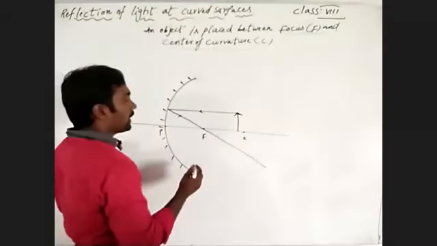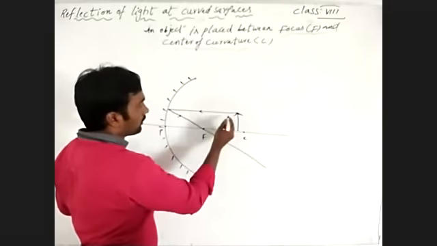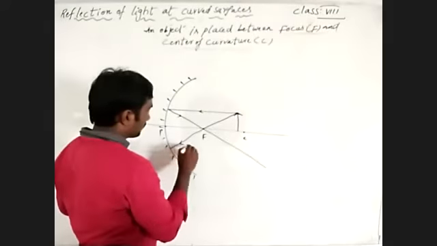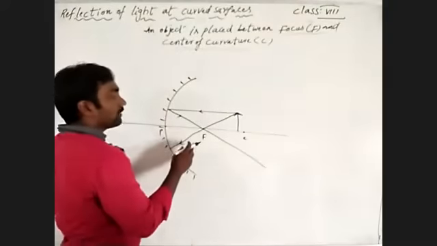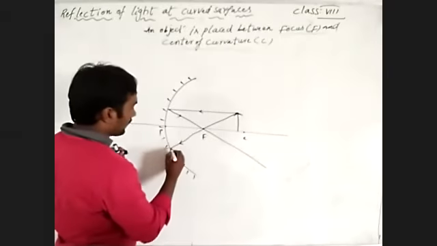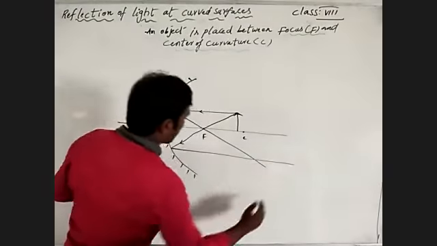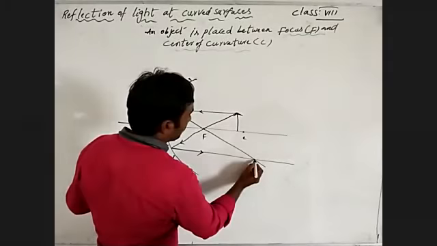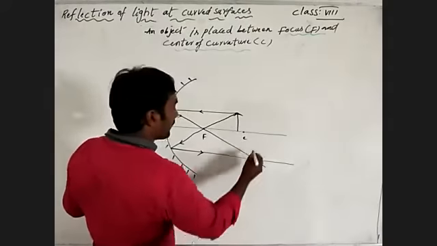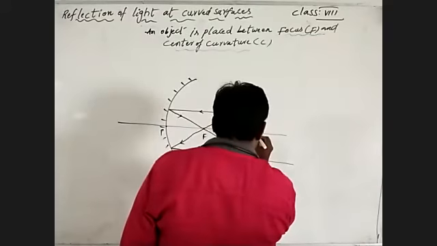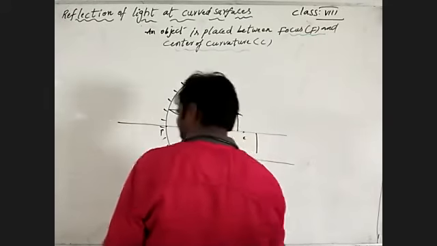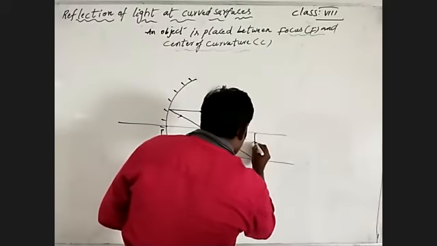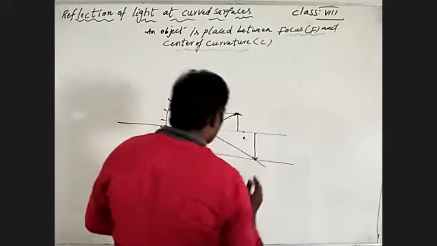And one more light ray I'm going to draw through the focus. The light ray which travels through the focus gives reflection parallel to the principal axis. Where both reflected light rays meet, there the image will form. Yes, this is the image formed.